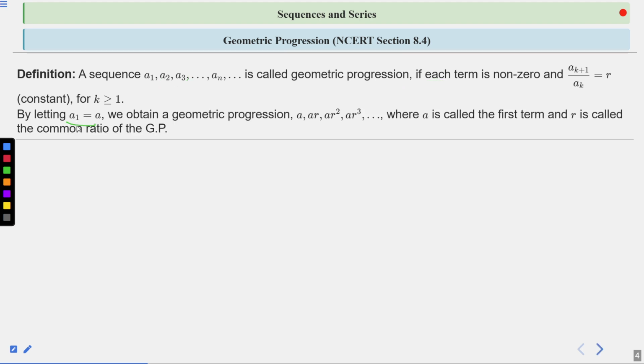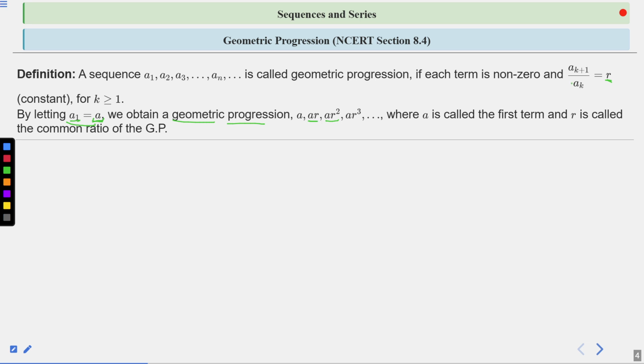By letting A1 be A, meaning our first term is simply A, you can easily construct a geometric progression. How? Quite simple. According to the definition, what you want is simply A(k+1) by A(k) to be some constant R. So if the first term is A, the next term is going to be AR, next AR square and so on.